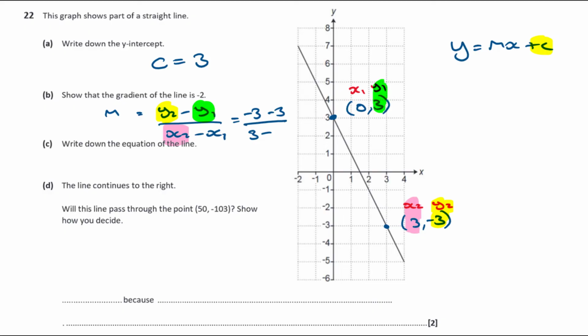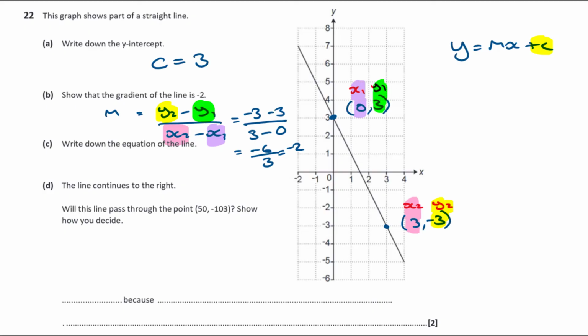Where's x1? x1 is up here, so x1 is 0. Okay, so I've got -3 take away 3, which is -6, divided by 3 take away 0, which is 3. That is -2 as we said. So m is -2.